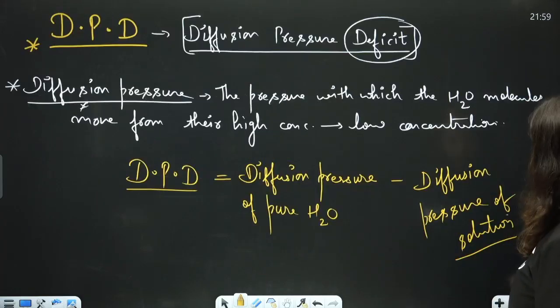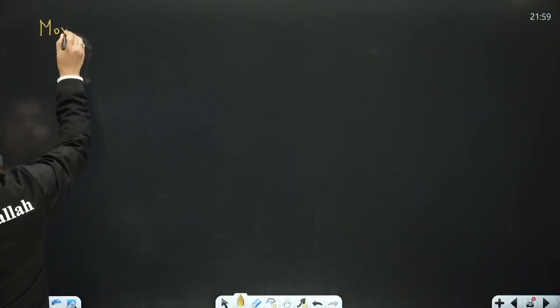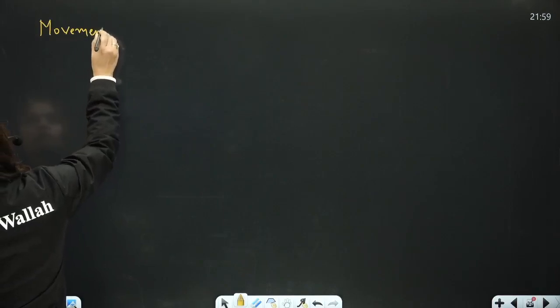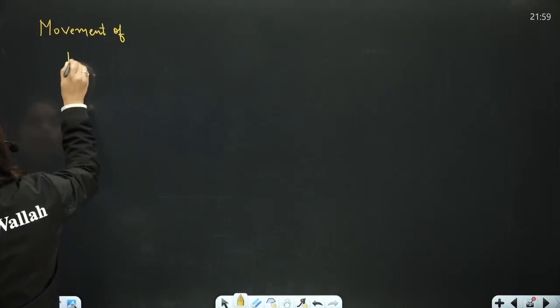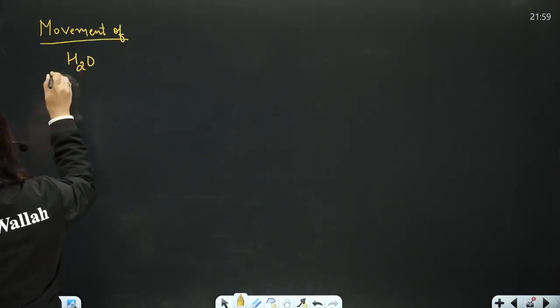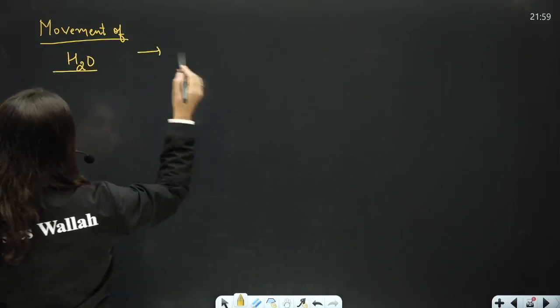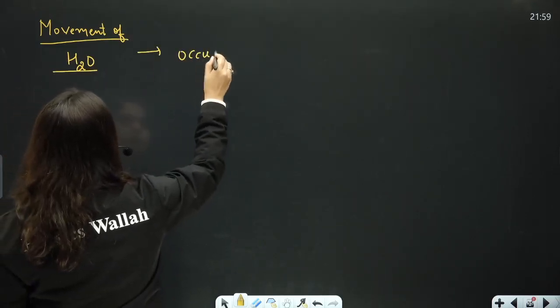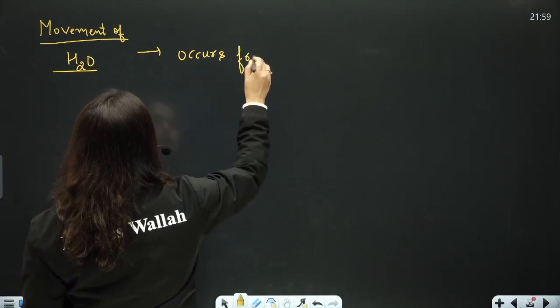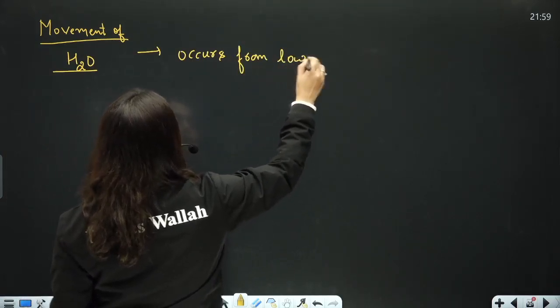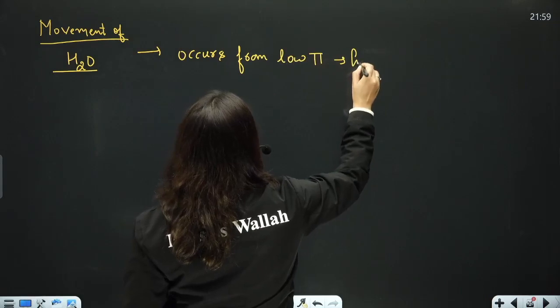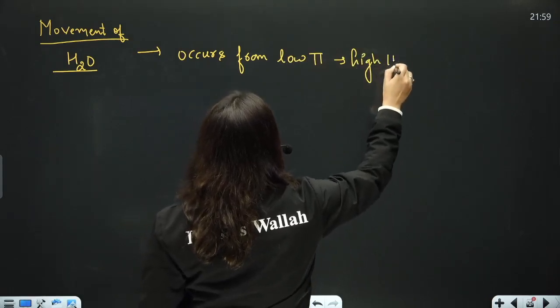Now, before going to that, you have to remember one thing, beta, that the movement of water in context to pi occurs from low pi to high pi.